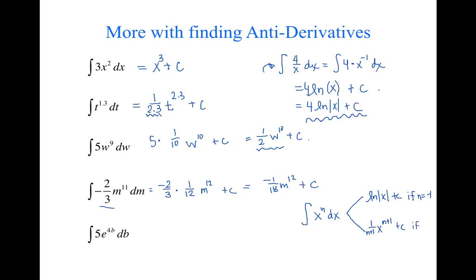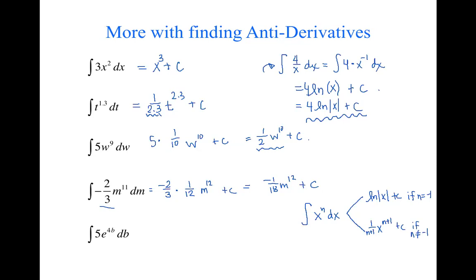So this is if n is not -1. So it's just a general antiderivative rule, although, once you've done this a few times, it's just working through how to make power rule for derivatives work out right. But take a look at this last question here.